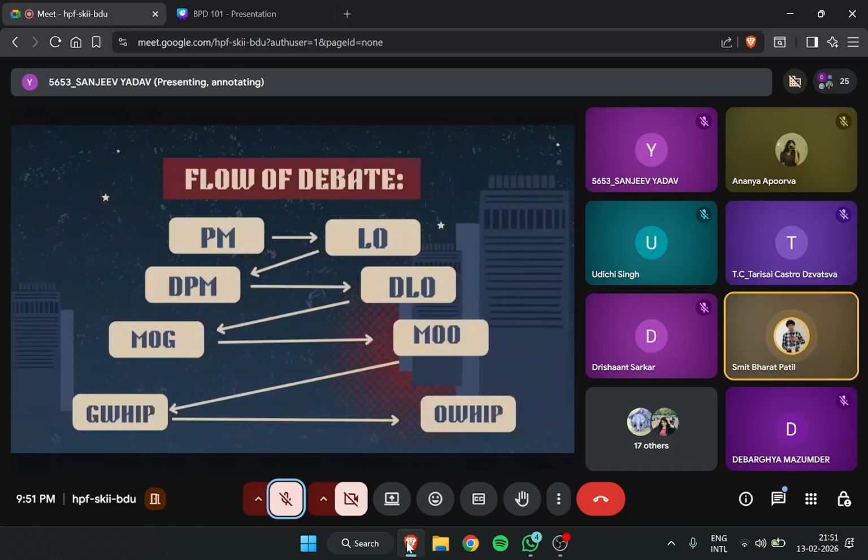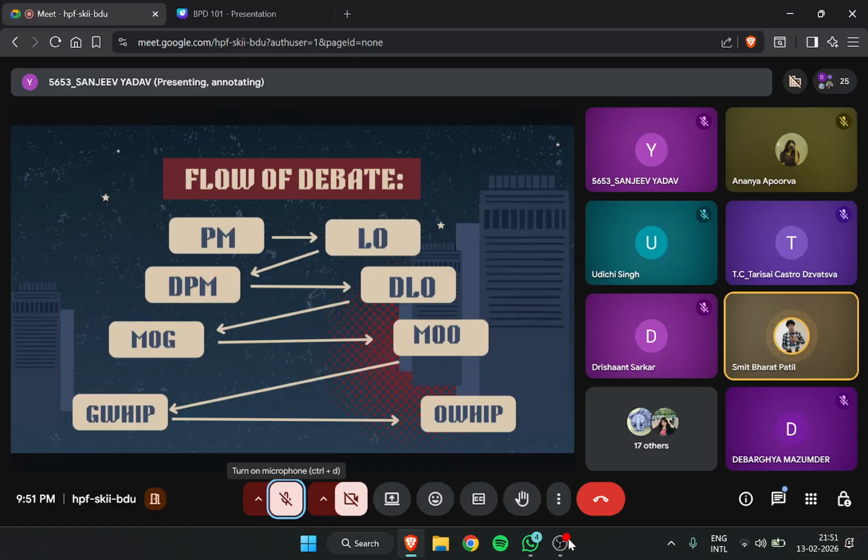So we saw how the benches work and also what POI preferences there are in British parliamentary debate. Now let's understand how the speaker order works. As I said, there are four benches. In the opening government, there is the prime minister and the deputy prime minister. Then in the opening opposition, we have the leader of opposition and deputy leader of opposition. This you are aware of. Now a new speaker role comes up in the closing benches.